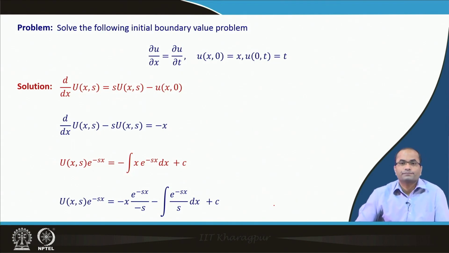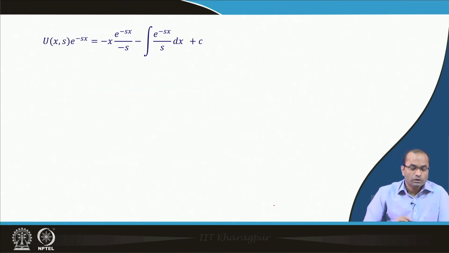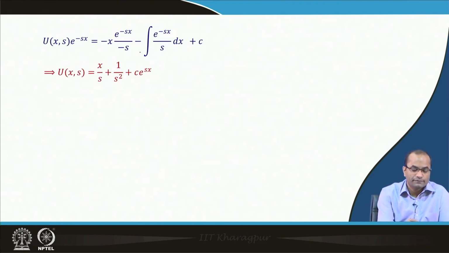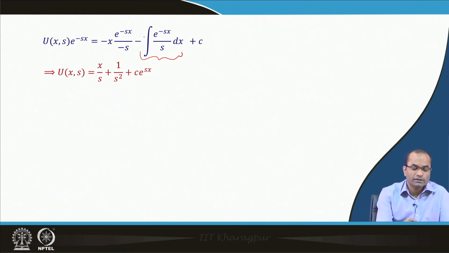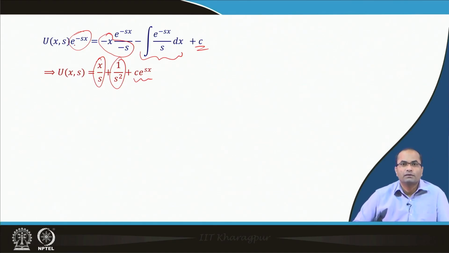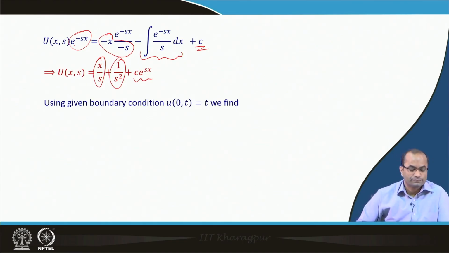So we have an equation which again can be integrated, giving e to the power minus s x over s squared with the plus sign. When we bring the e to the power minus s x across, it cancels out. So in the first term we have x over s, in the second term 1 over s squared, and then the third term c, and from the left-hand side we get e to the power s x.